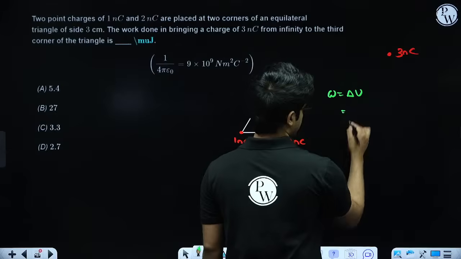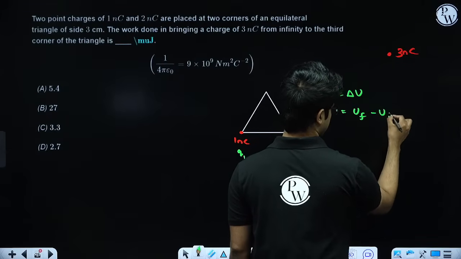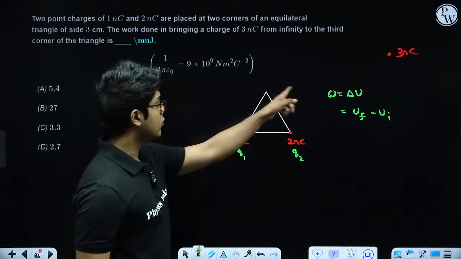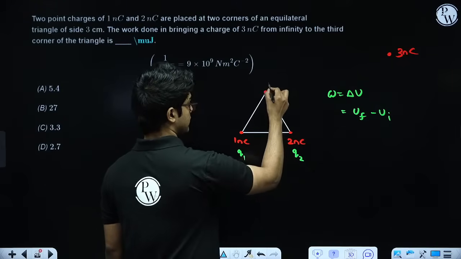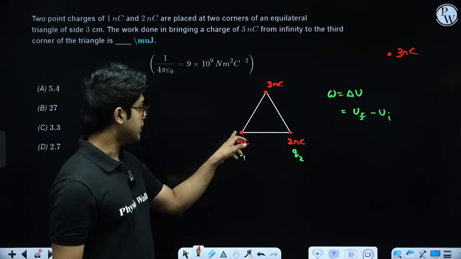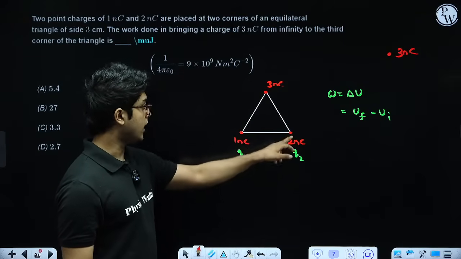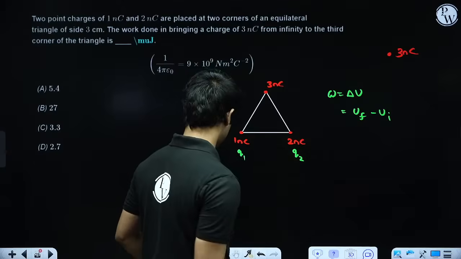So this is simply UF minus UI. So when the 3 nanocoulomb charge is placed at the other vertex, we'll have to count the interaction of 1 and 3, 1 and 2 and 2 and 3, right, to write the total final potential energy.